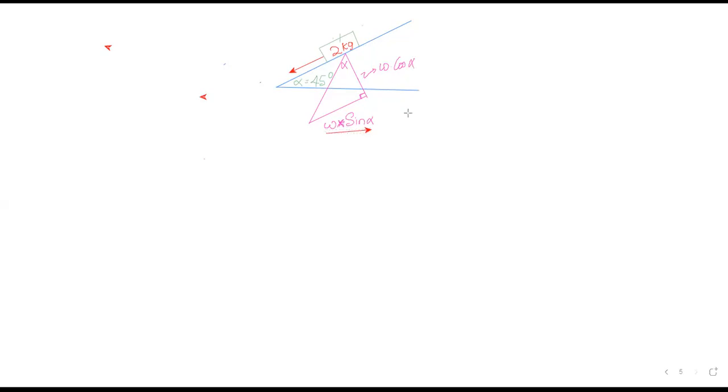Now, we know the weight. The weight is the mass of an object multiplied by its gravitational acceleration.